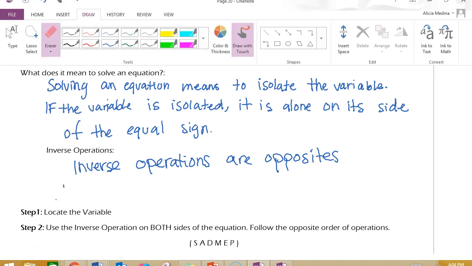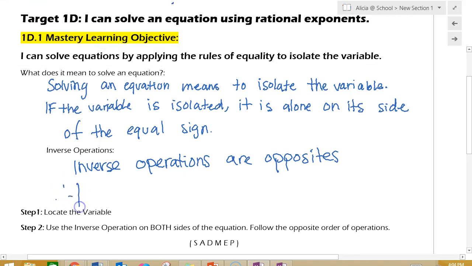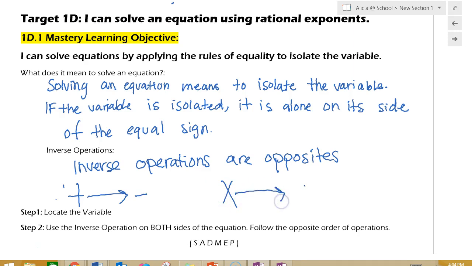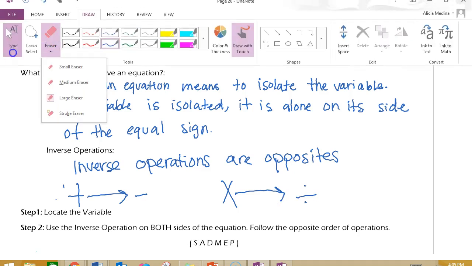So if we are adding something, what is the opposite of that? Well, the opposite would be subtraction, right? If you are multiplying, what is the opposite? Well, that would be division. So whatever operation is taking place, you just have to go ahead and do the opposite of it.